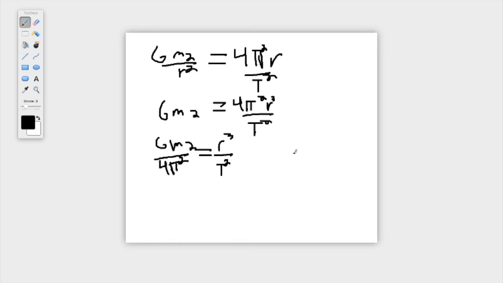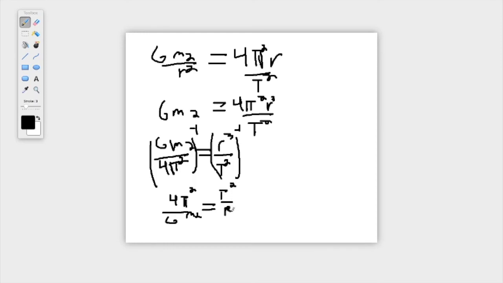All I'm going to do is raise both of these to the negative first. So then we get 4 pi squared over G m2 equals T squared over r cubed.